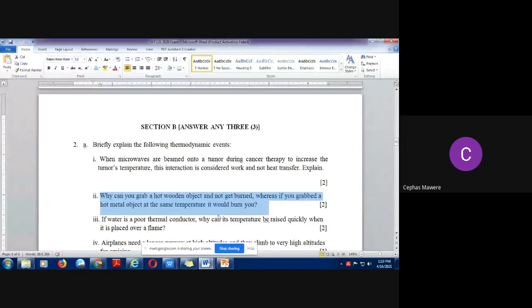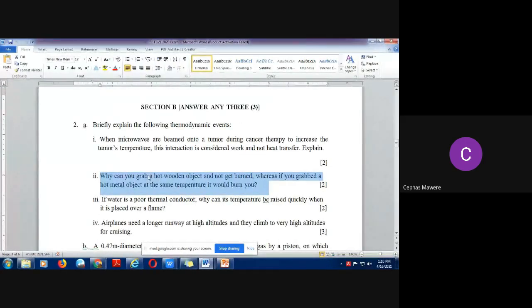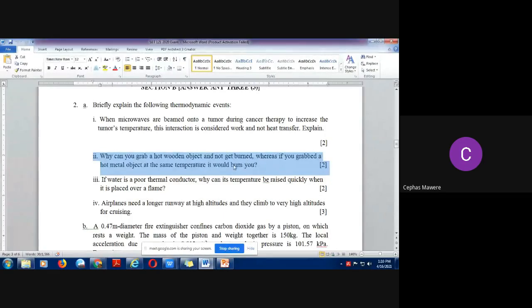So it says, why is it that you can grab a hot wooden object and not get burnt, whereas if you grabbed a hot metal object at the same temperature, it would burn you? Okay, so in this case, we haven't been told that the temperature of your body is the same temperature as those two different objects.